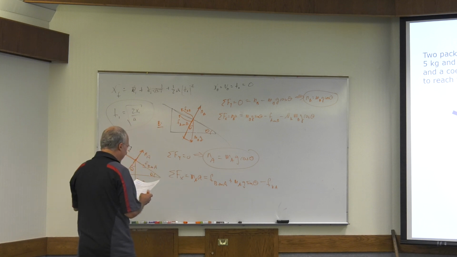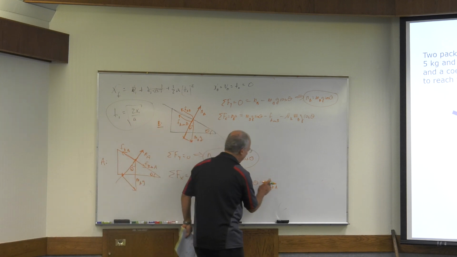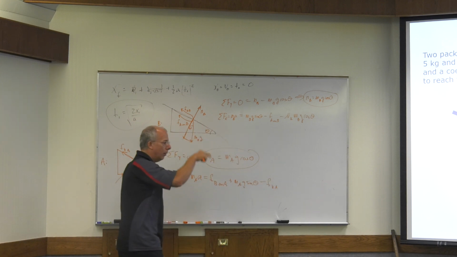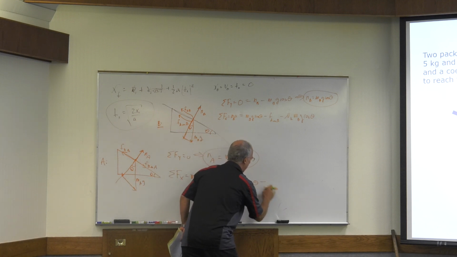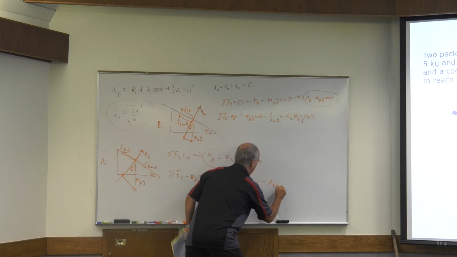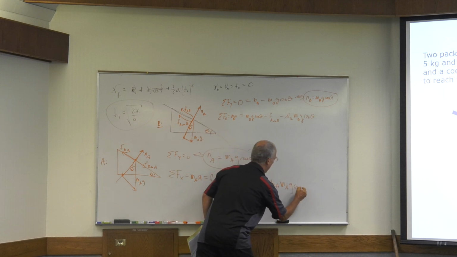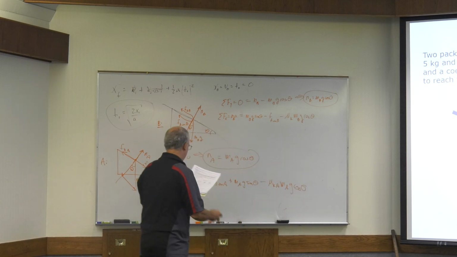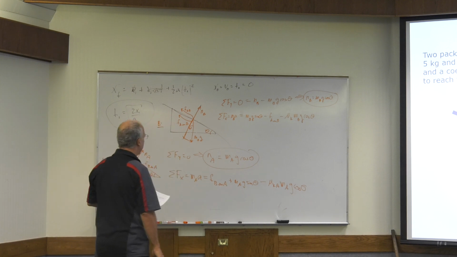Now, what's minus FKA? Mu k times the normal. There's the normal. So minus mu ka times the normal, MAG cos theta. Okay, so there we go.